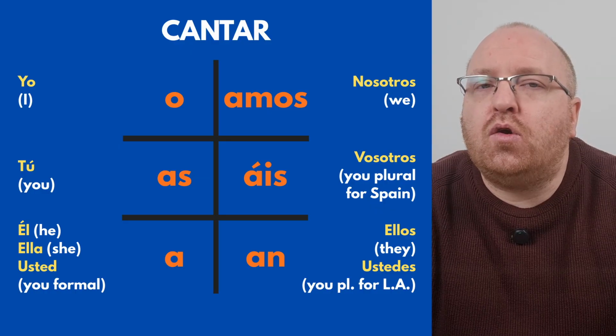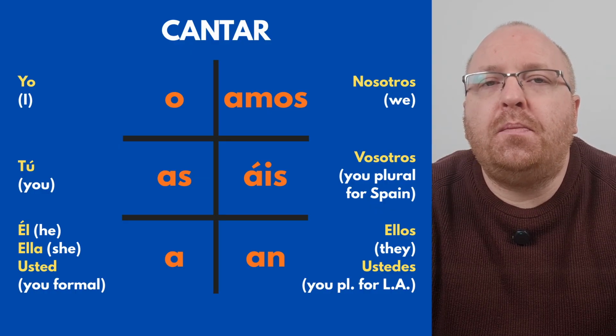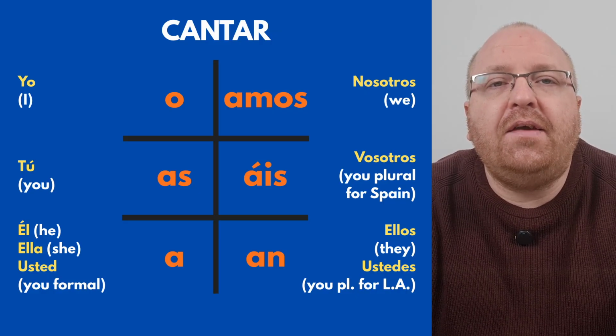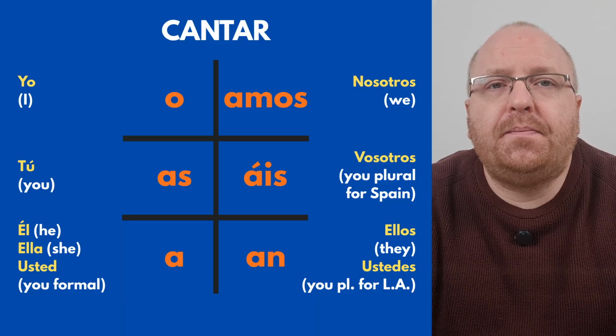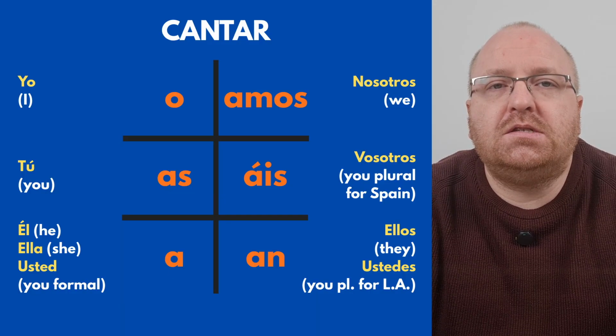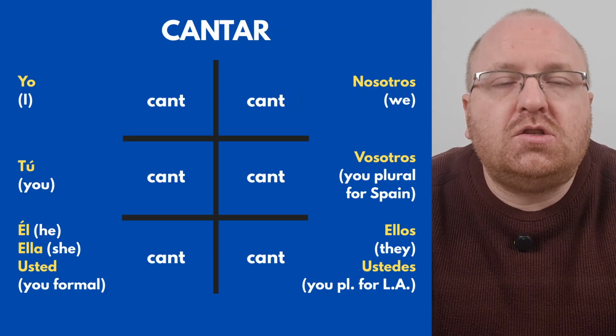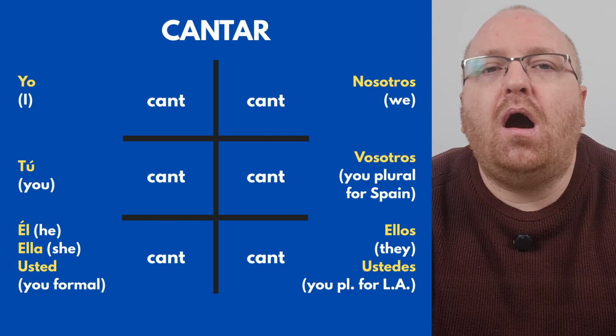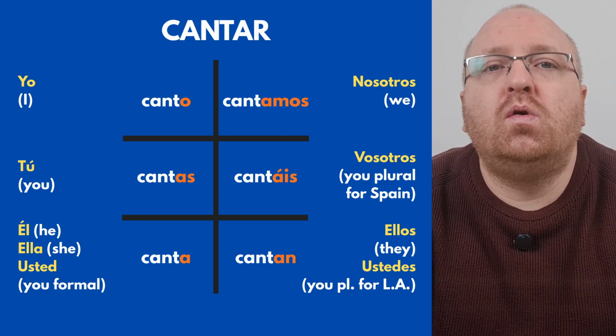Now what we need to do is attach these endings to our verb cantar. So first of all, we remove the AR ending from the end of cantar, and that leaves us with the stem cant. So let's place cant into each of those 6 spaces. Now we add in the endings that we saw previously to the end of the stem. So we get I sing, canto.